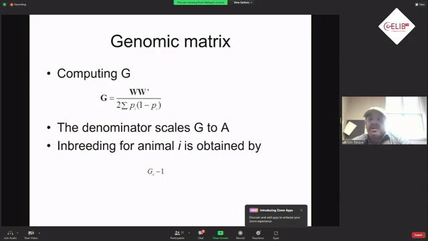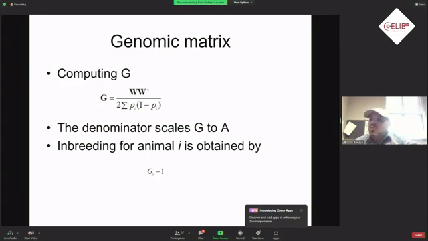So divided by the sum of 2 p_i times (1 minus p_i), where p_i is the frequency of the second allele of the marker, and 1 minus p_i, which is q, is the frequency of the other allele of the marker. And then that will be your genomic relationship matrix.